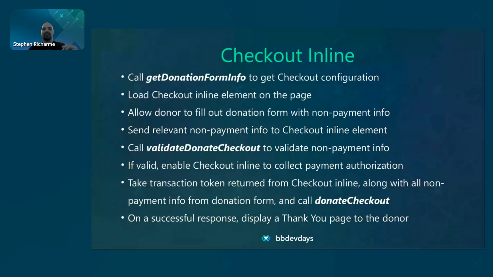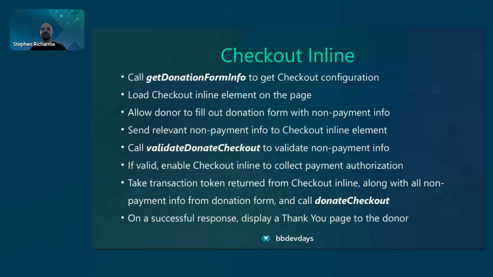This operates in much the same way as the checkout modal, but it's a bit more complicated. The main reason it's complicated is because you are loading the checkout element inline on the page after you get the get donation form info call to get that checkout configuration.